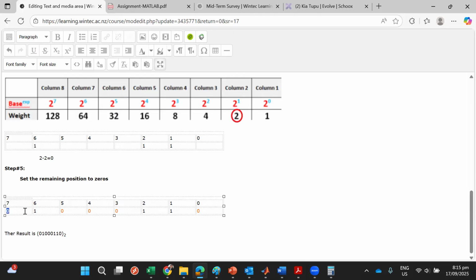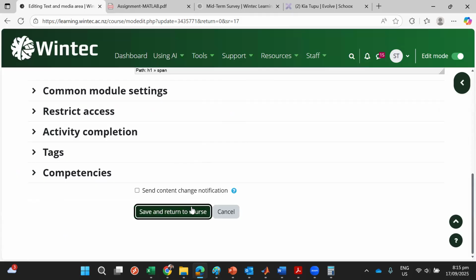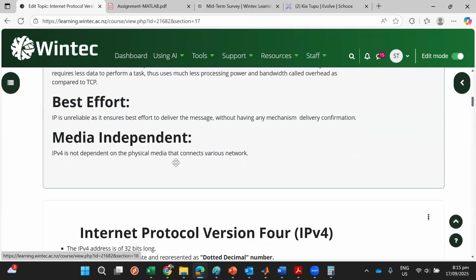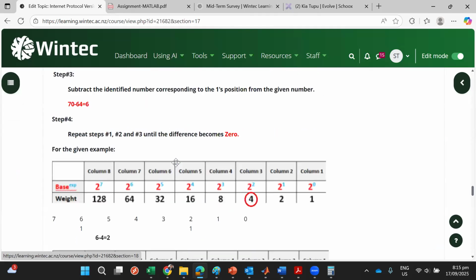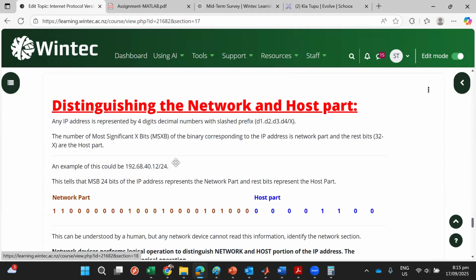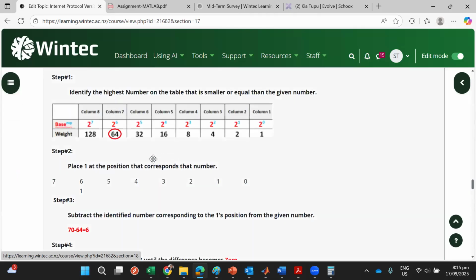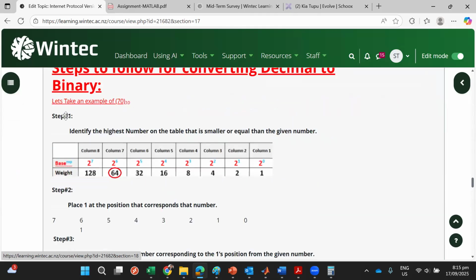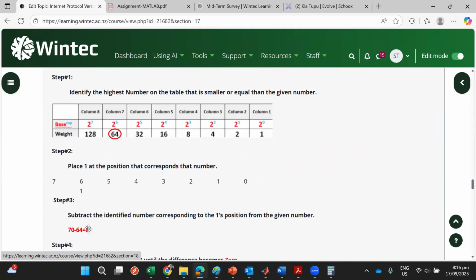Then the remaining bits, I have to make equal to 0. So that's what we have done. Fundamentally, it is a 3-step process. First, start with the actual number, find the highest number in the table that is smaller than this number, set the corresponding bit to 1, and subtract to find the remaining number.